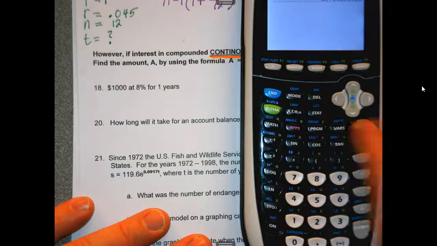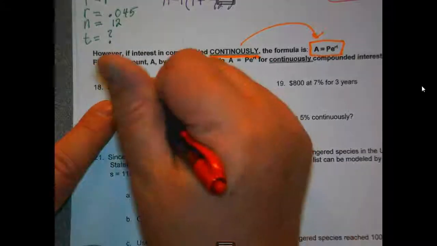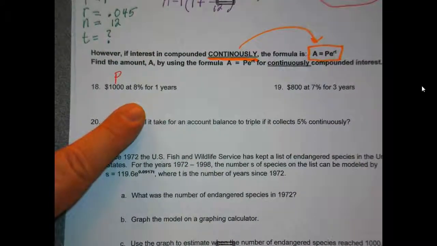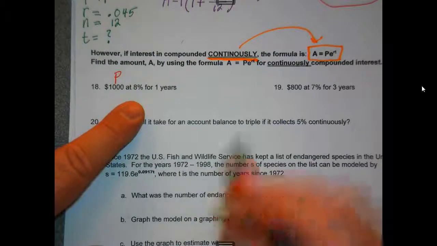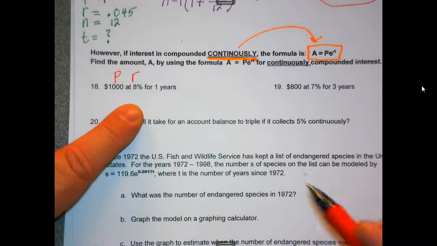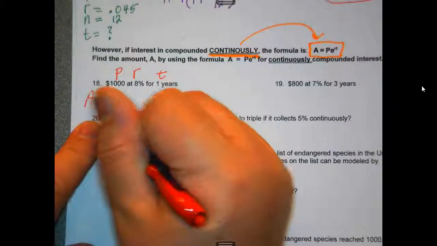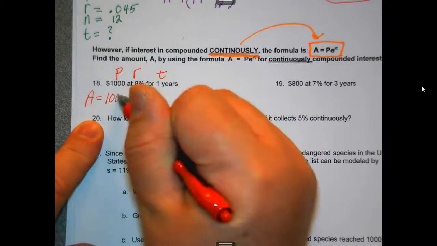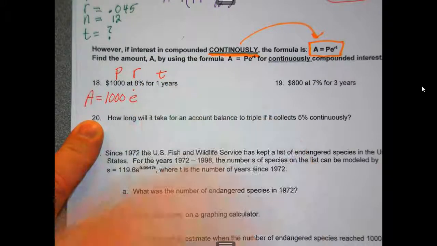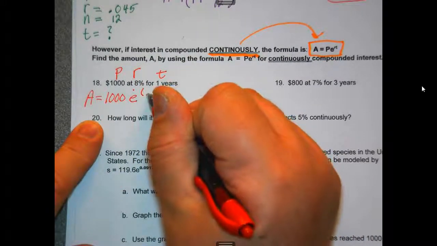Okay. All right. $1,000, which is my P. It's my rate, and this is my T. So I have A equals 1,000 times E raised to the R. My R is 0.08.